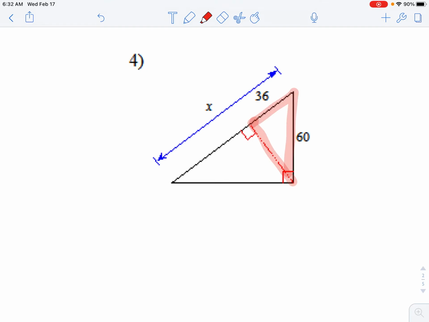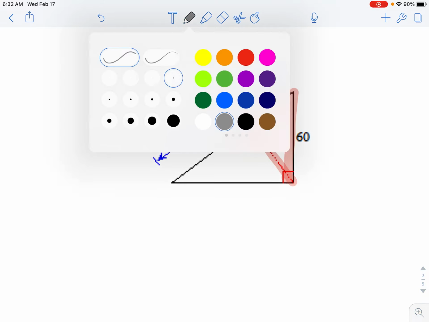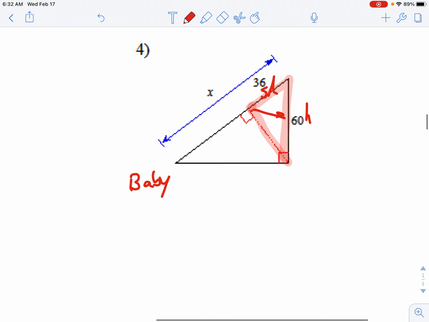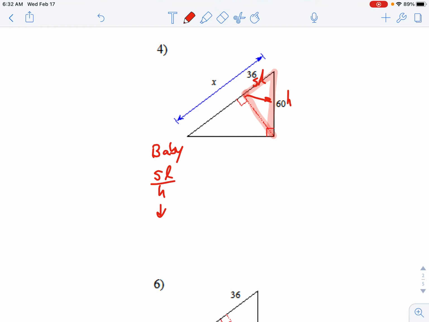All right. Again, looking right here, really quickly, I already got this baby triangle. Short leg and hypotenuse. Remember, the hypotenuse is opposite the right angle. All right. So I'm going to do SL over H. I could do H over SL, but I don't feel like it. So I get 36 over 60.